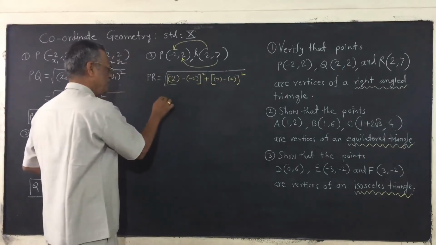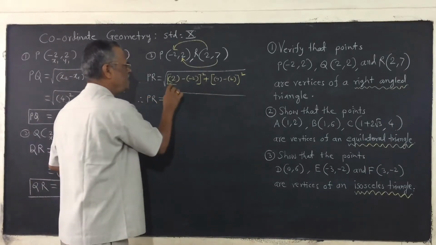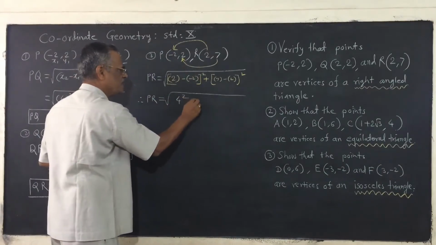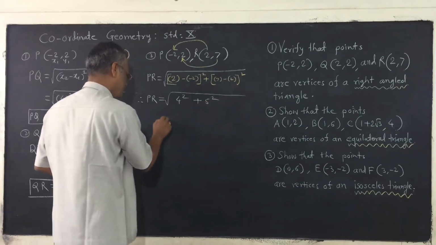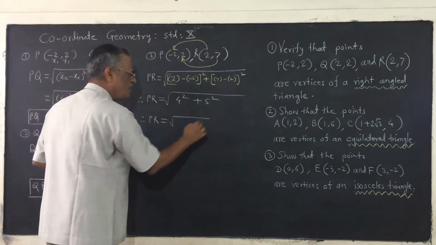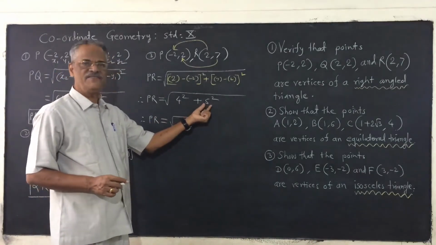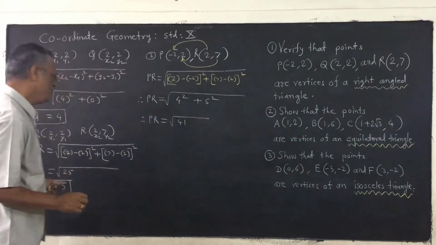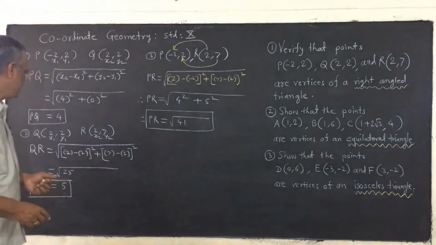We have to calculate further. We are getting PR: 2 minus minus 2 plus, so it will be 4 square plus 7 minus 2, 5, it will be 5 square. Now try to find the simple form. You know the square is 16 plus 25. So add them, it is 41. So you have PR as root 41.